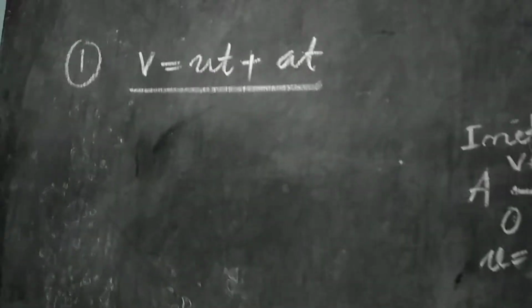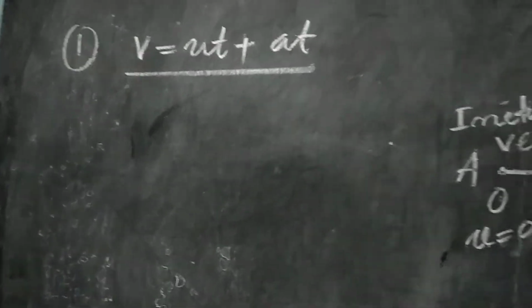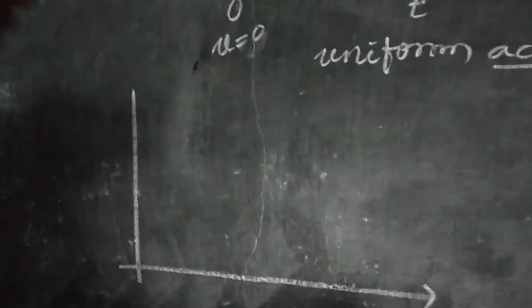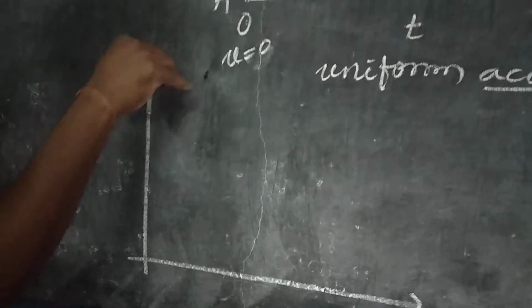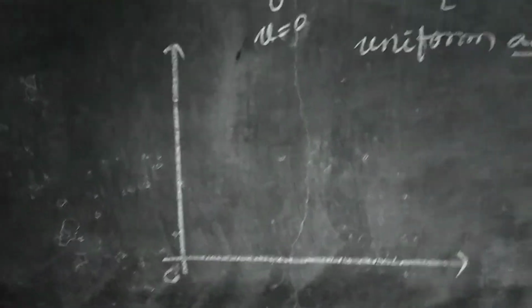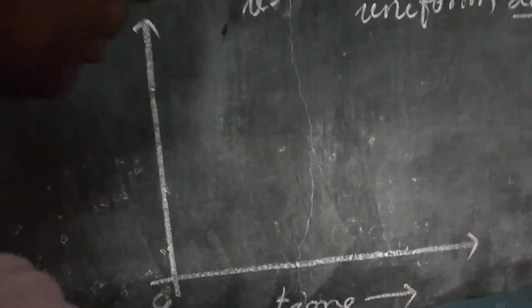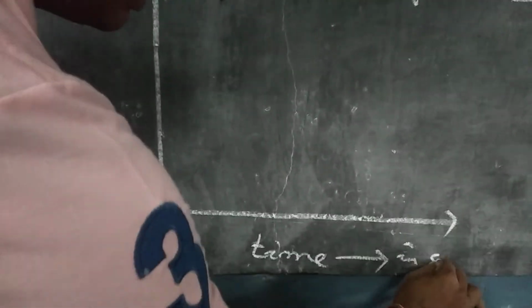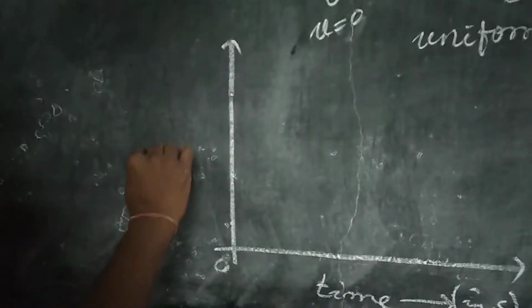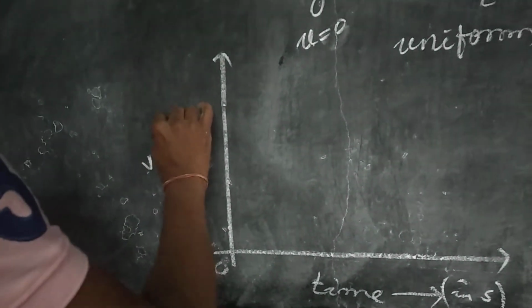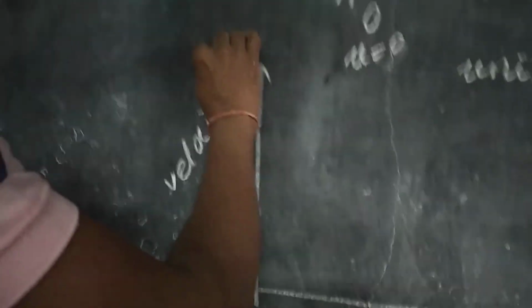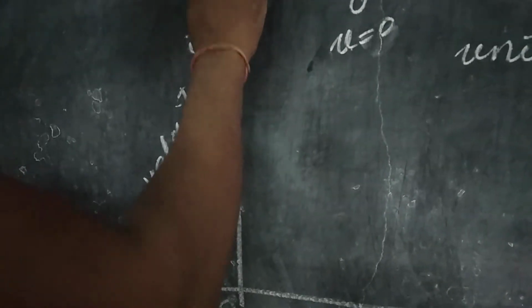Clear this one? Next we draw the graph. Here this is the origin 0, this side is time in seconds, and this is velocity in meters per second.